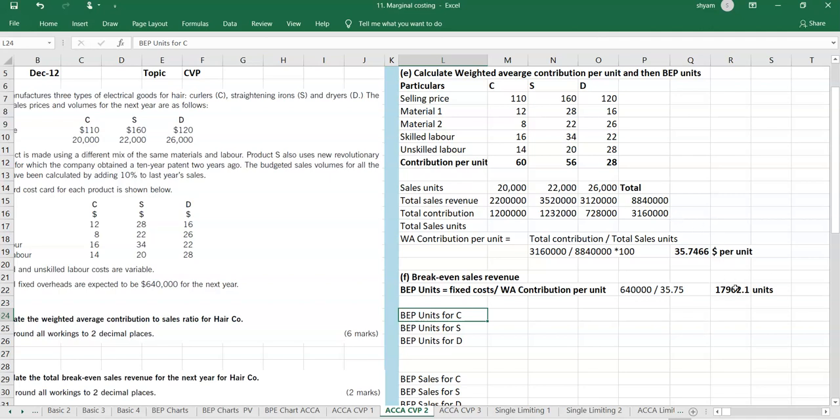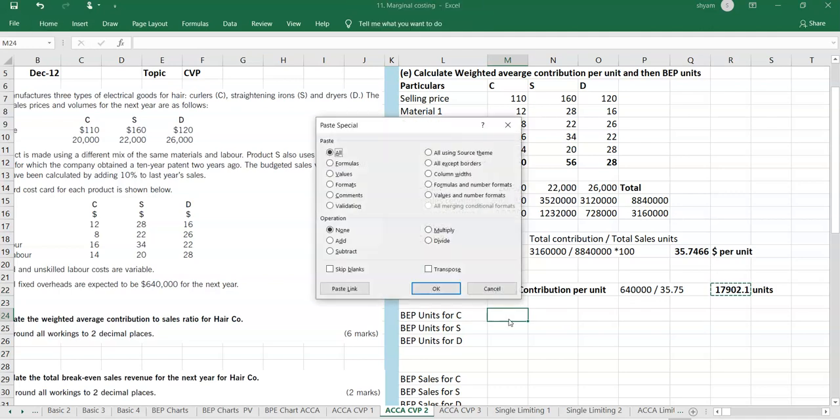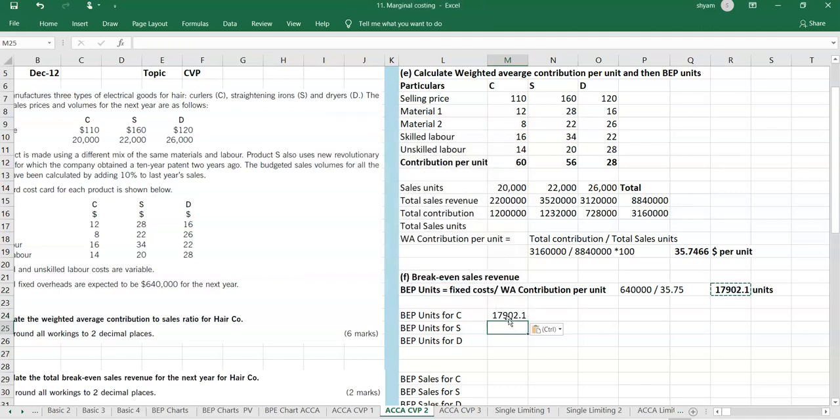So we have this as the units, right? If you want to find out the individual break-even units, then we have to find that out.